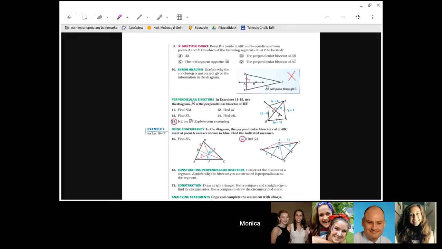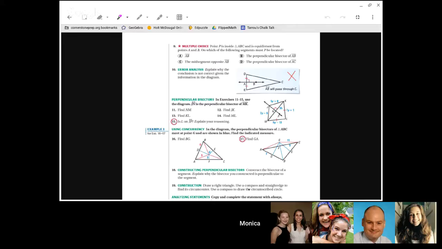Now, we know AB is the perpendicular bisector of ED because we see that it divided that side into two equal parts and it's a perpendicular line with that segment. But do we have enough information to show that C is also on that perpendicular bisector?